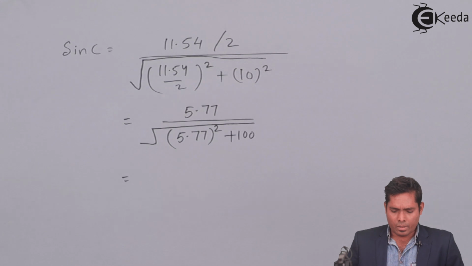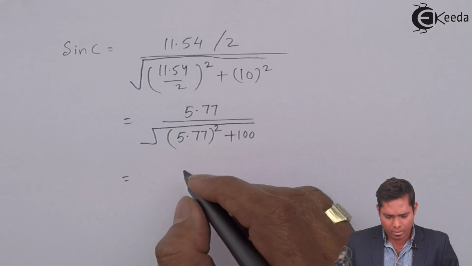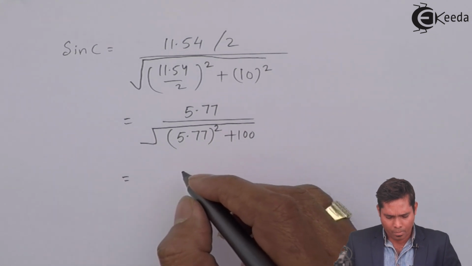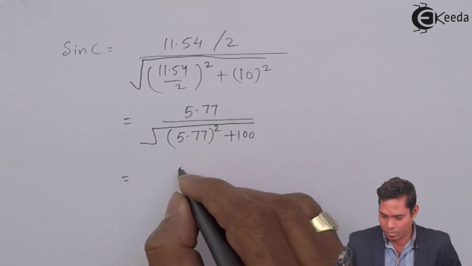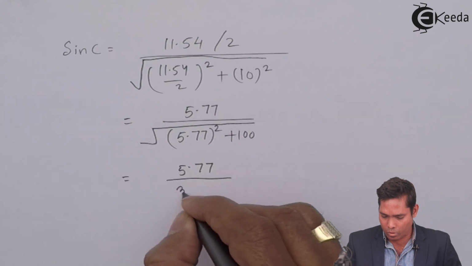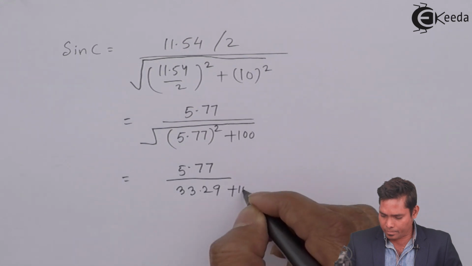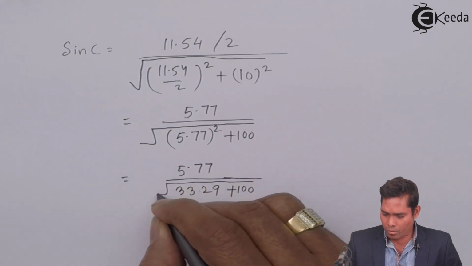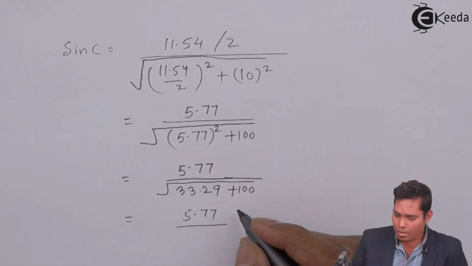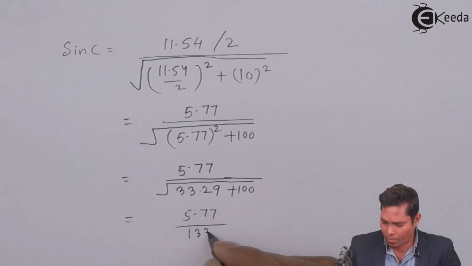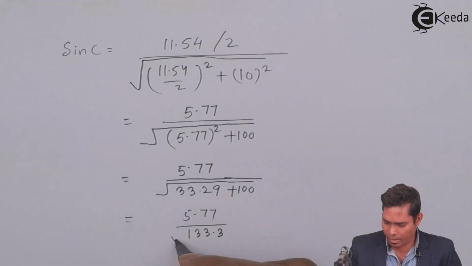Now if I square 5.77, then it is 33.29, plus 100, which comes out to be 133.3.